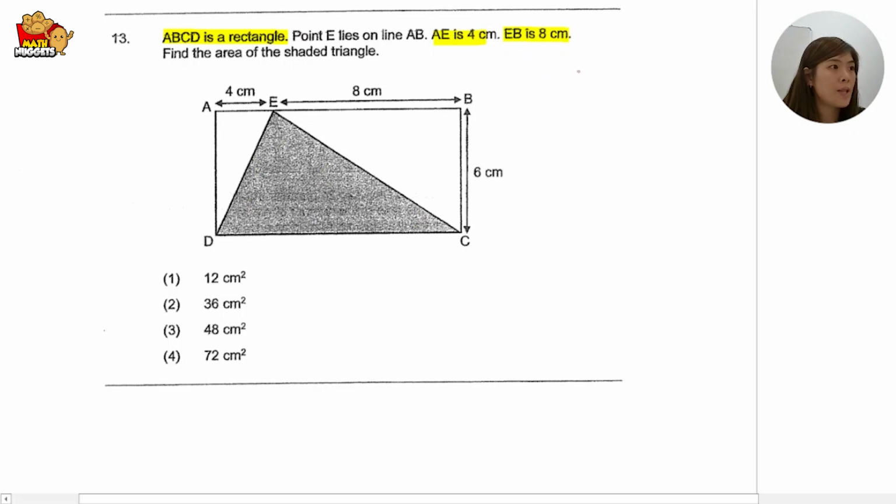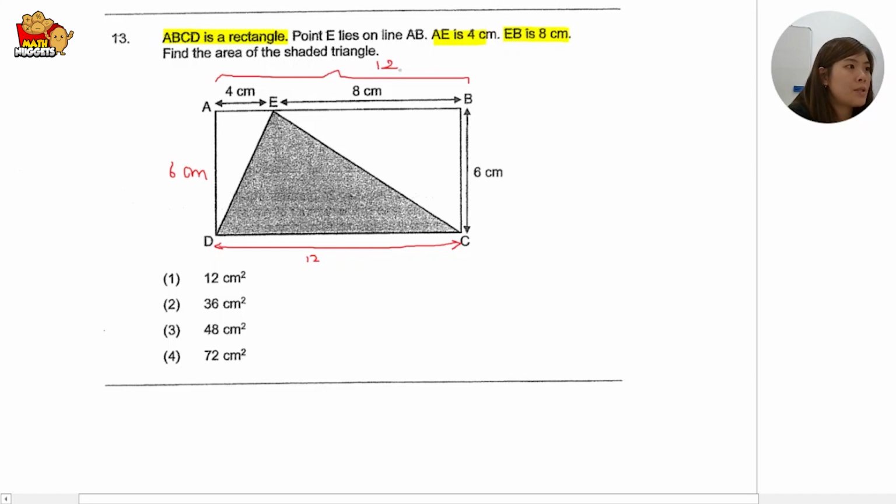So first step, ABCD is a rectangle, so rectangle means the length of AB and CD will be the same. So 8 plus 4 is 12. So AB will be here 12, correct? And then here will also be 12. Similarly, BC is 6 centimeters, so AD would be 6 cm as well.